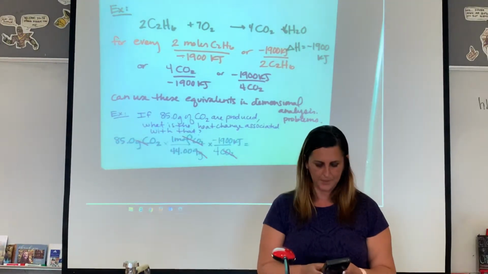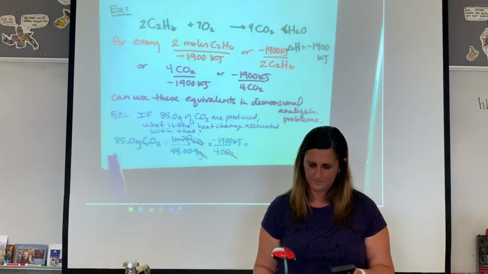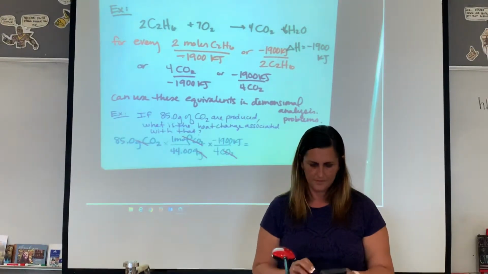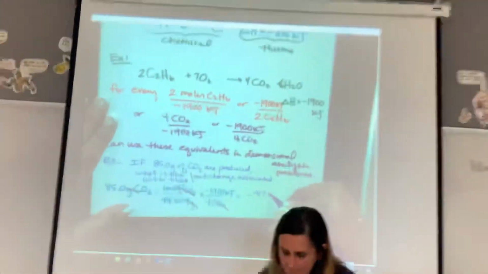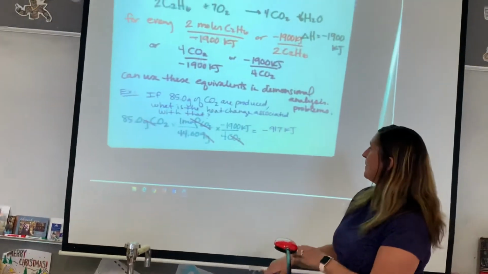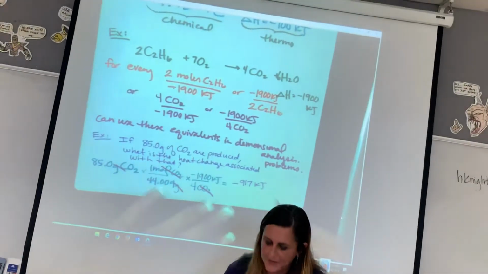So let's see what you get. Okay, and so I get negative 17 kilojoules, and that makes sense with our sig figs too. We've got 3 sig figs here, so we want to answer with 3 sig figs.